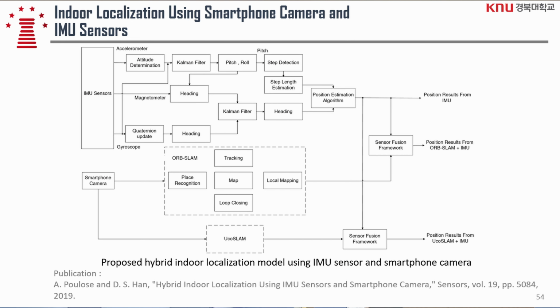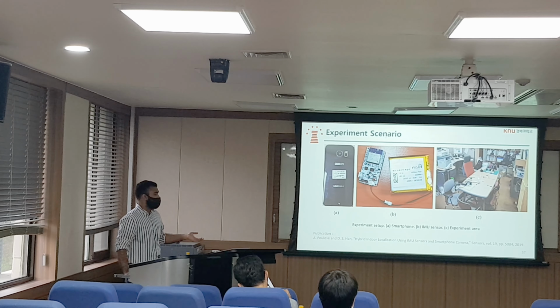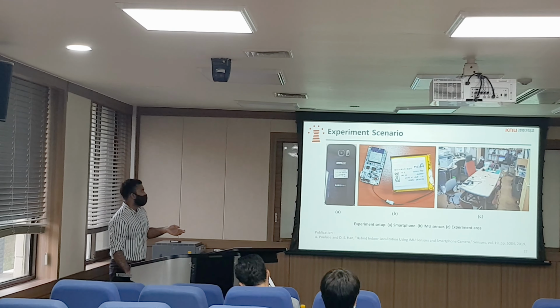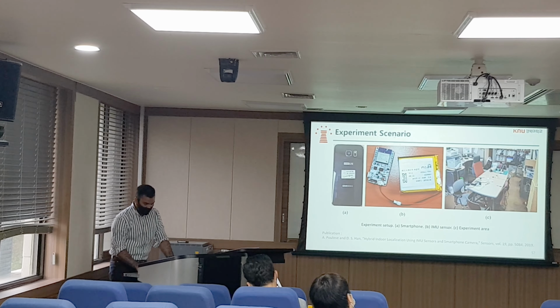If you record with the new smartphones, 4K video or something, the processing delay is very high. So we use our old Samsung model, and this is our external IMU sensor. To reduce the computation complexity, if you use the smartphone IMU sensor and camera together, it will be a problem for the data collection. So to validate that, we used an external IMU sensor, and here is our experiment area. The user moved surrounded by this cable.